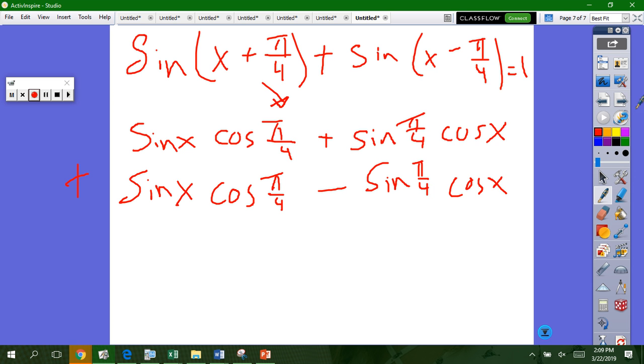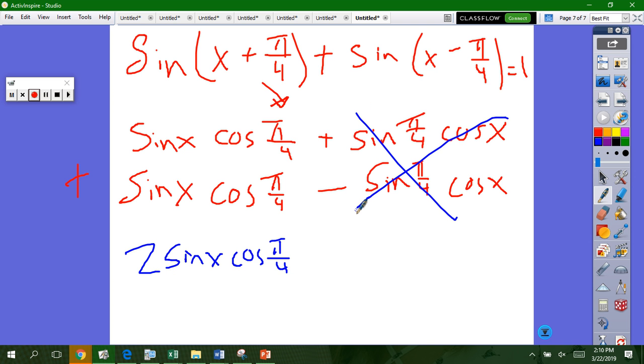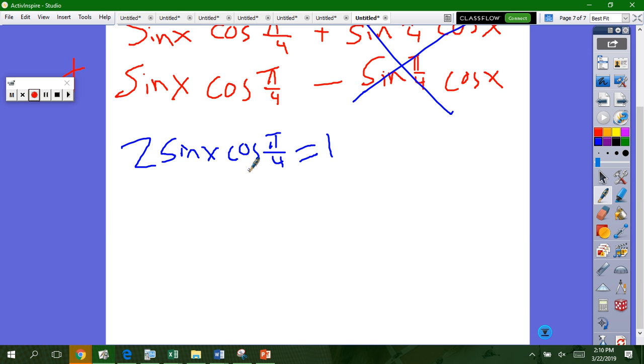If you'll notice, I have this plus this, which is 2 sine of x cosine of pi fourths. And these guys just get rid of each other, don't they? So now I'm equaling 1. And what is cosine of pi fourths?